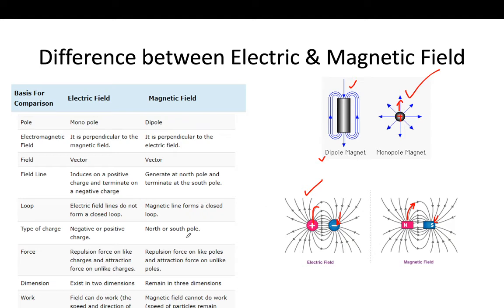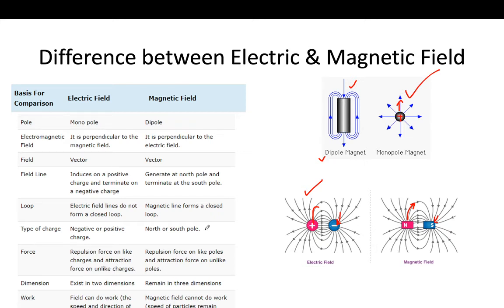Type of charge: negative and positive, while in the magnetic field there are north and south poles. Forces: repulsion force on like charges and attraction force on unlike charges, while in magnetic, repulsion force on like poles and attraction on unlike poles. So in magnetic we are always talking about poles, and in the electric field we are always talking about charges.